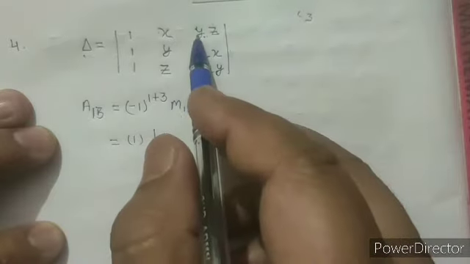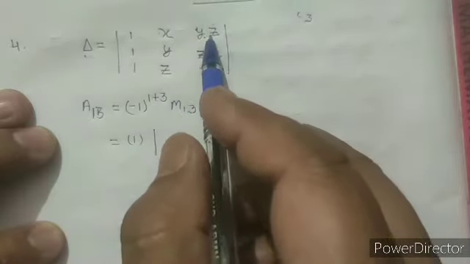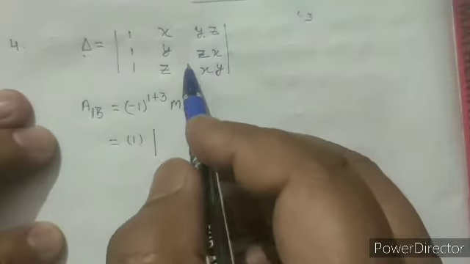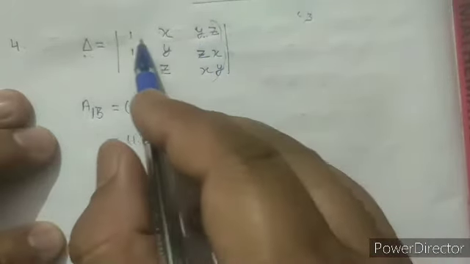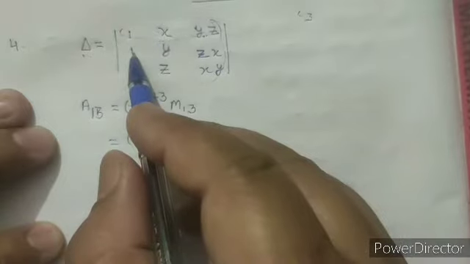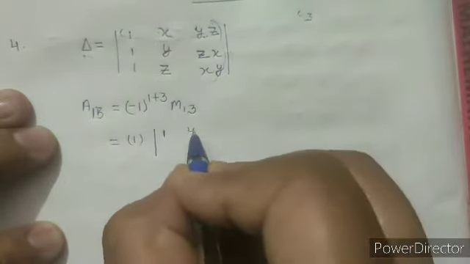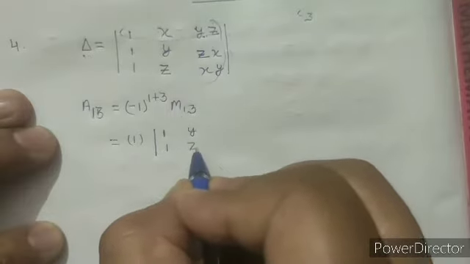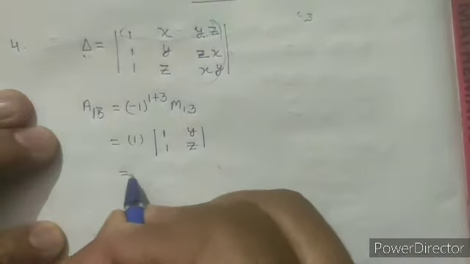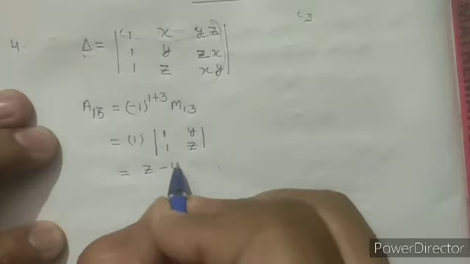M13, the minor of yz, will be obtained by eliminating the column and row of yz, and that will be the determinant of |1 y; 1 z|, and this will give us z minus y.